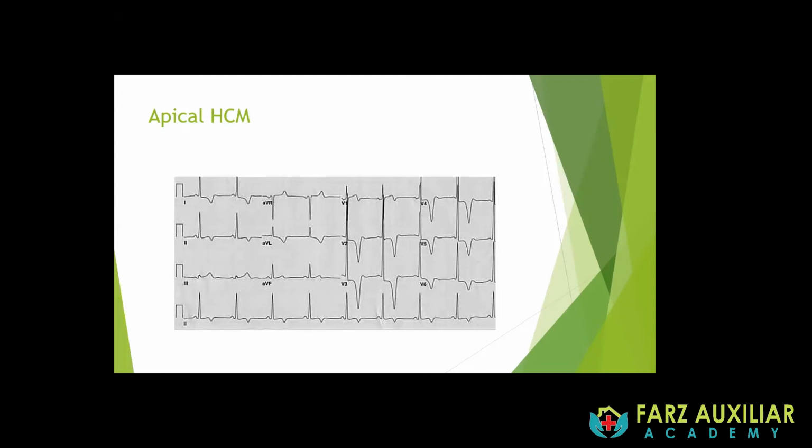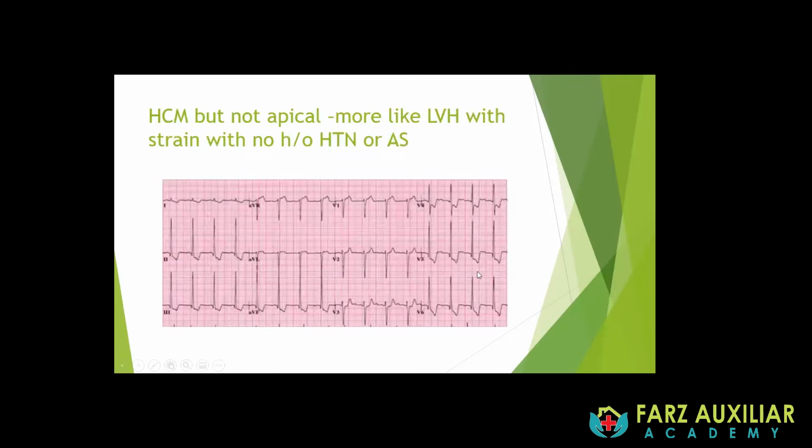Maybe the question may be a 22-year-old young man who wants to join the army, came for a routine medical checkup before joining the army, and that's the ECG. As you can see, there's a deep T-wave inversion, mostly septally, and also bilaterally, very deep. There may be this ECG, but they are very different.